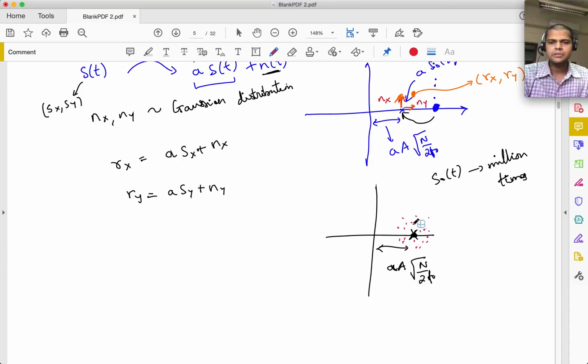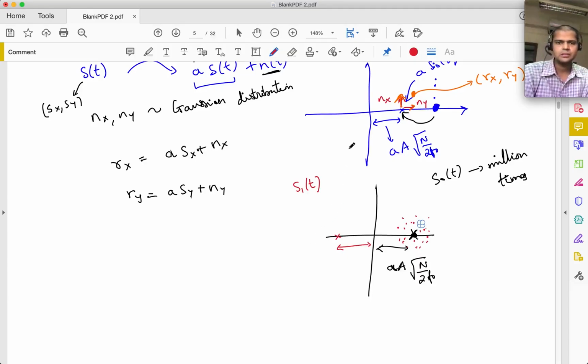However, noise is pushing it in both directions a little bit, because we are assuming the noise is not too much. And suppose instead of sending S0 of t, I was sending S1 of t. Then it is going to be at the same distance here.